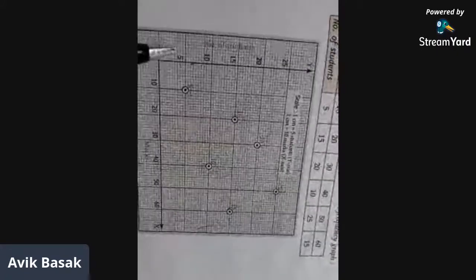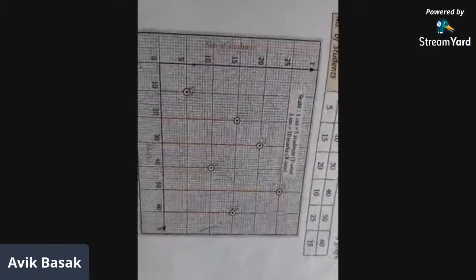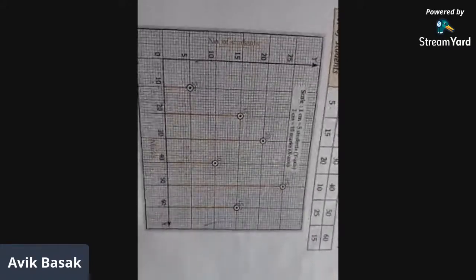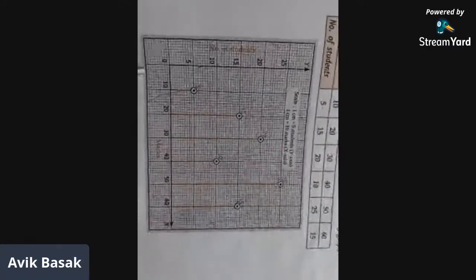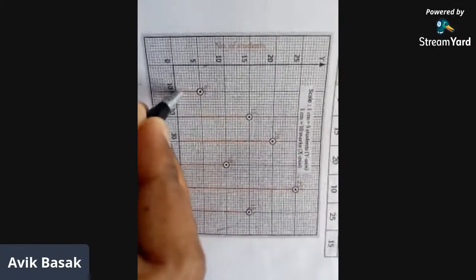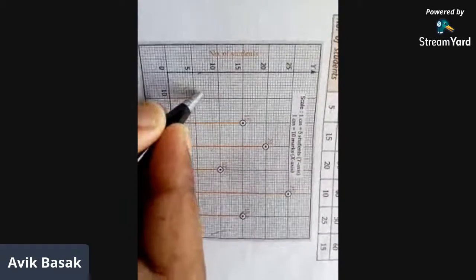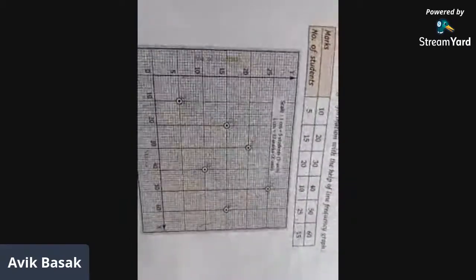Here in the y-axis we have taken 1 centimeter as 5 students, and in the x-axis 1 centimeter as 10 marks. For 10 marks, how many students? 5 students. Make a dot where it is 5 students and give a round. Leave it as it is.